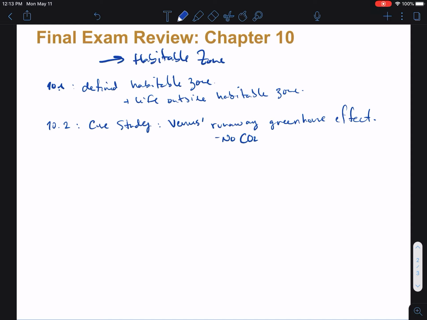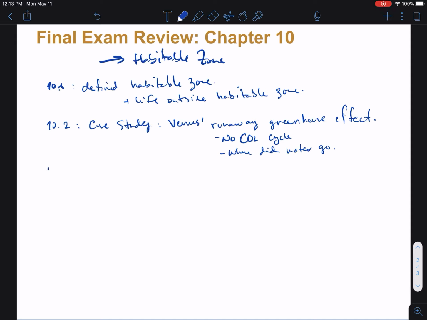Why there was no CO2 cycle, and where did the water go? These were things we talked about that you should be familiar with. Really looking at how Venus is super hot. It's technically outside of the habitable zone, but how these different things can affect it.